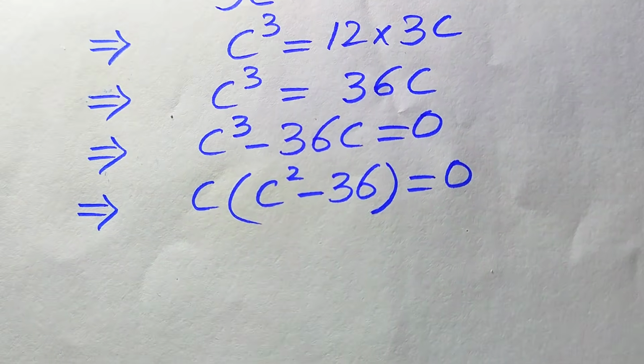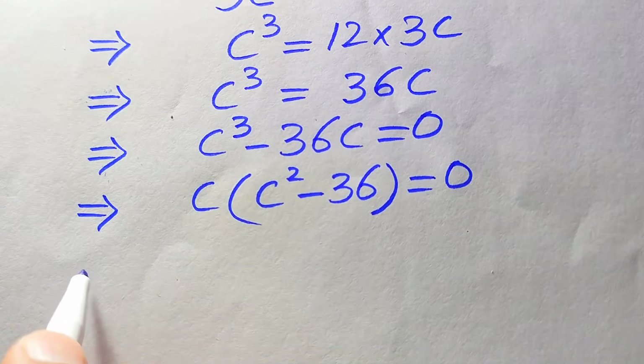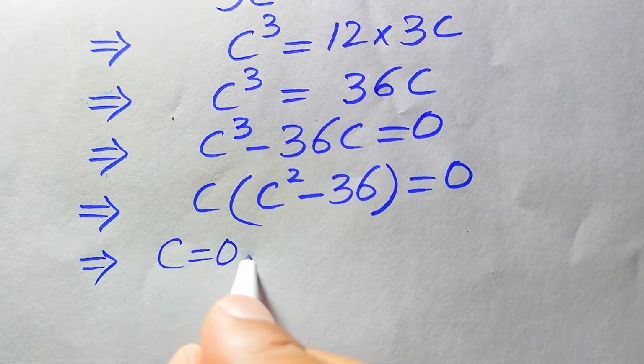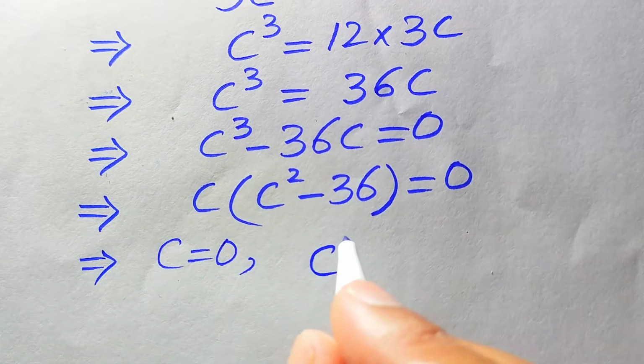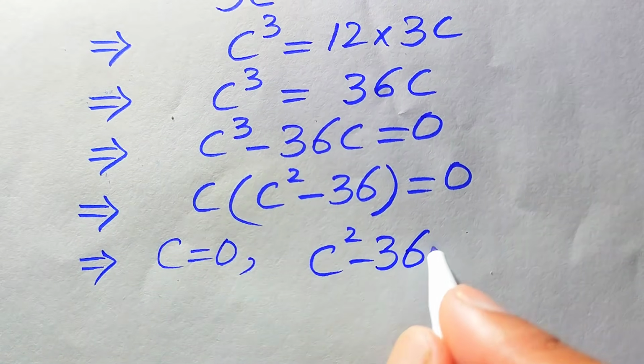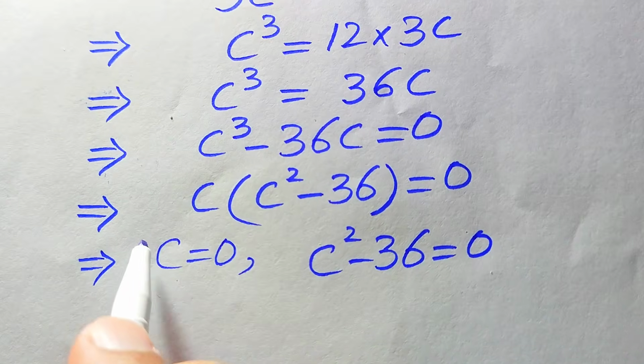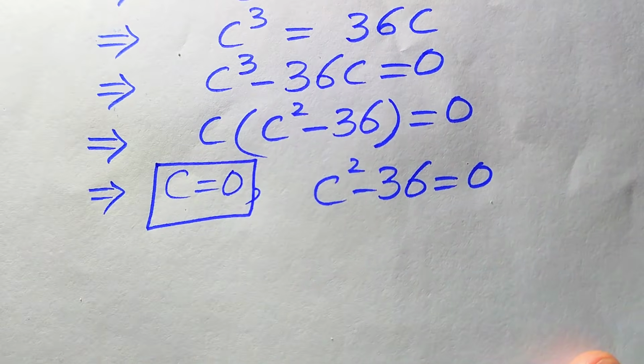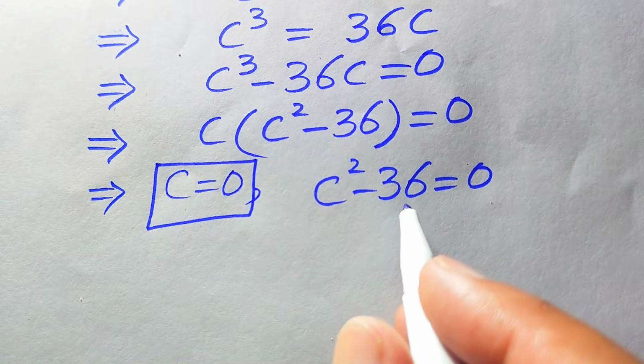Now in the next step we divide this equation into two cases. First we write c is equal to 0, and the second case is c squared minus 36 is equal to 0. So this is the first root of the given equation, and in order to get the other roots we need to solve this equation.